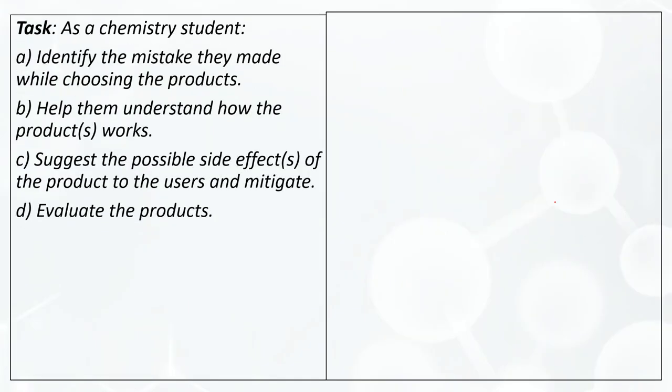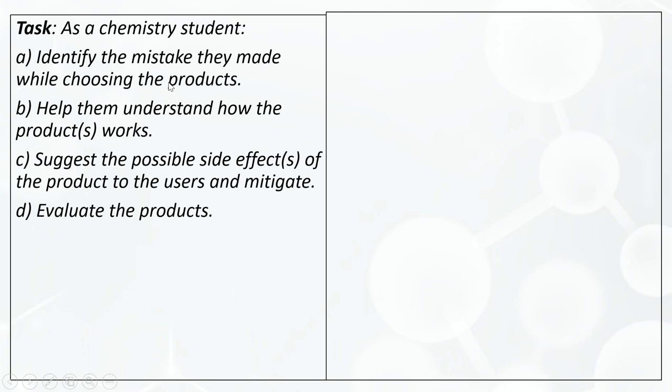Now let's see the task. In the task they're saying, as a chemistry student, part A, identify the mistake they made while choosing the product. Which people? The people who used to go to this Mr. Modo. I said, please, keep on pausing and note down.